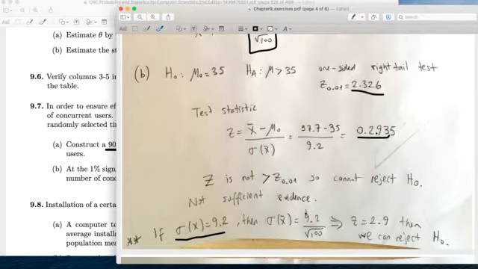But if the standard error is small, which means that we are really confident that the actual number is very close to 37.7, then in that case we have significant evidence that it's larger than 35. So the size of the standard error is really critical to whether we reject or accept the null hypothesis.